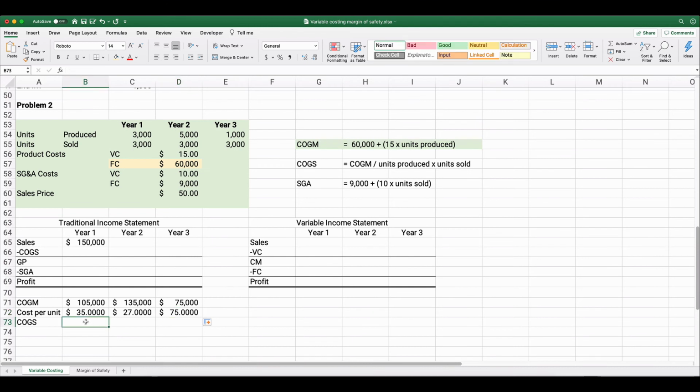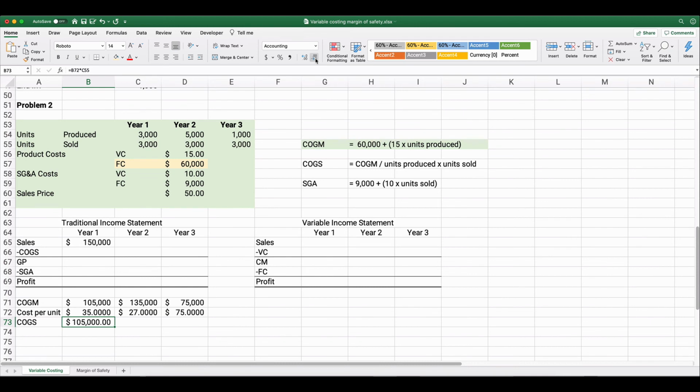Our cost of goods sold is just simply going to be that cost times the number of units sold. Well, on the first one, it's still going to be 105,000. Then we'll copy it across. So it looks like this is our cost of goods sold number. No, the third one we're going to have to adjust. So that is 81,000.